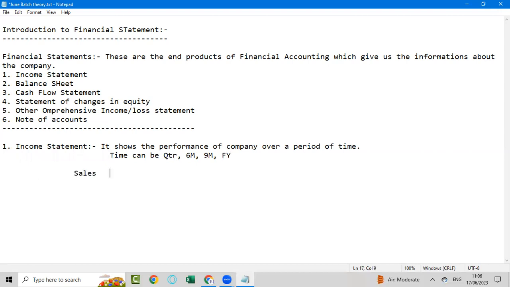For example, now let's suppose we have sales of rupees 1000 and expenses are, let's suppose, 600. Then what does it mean? Profit of 400. My question is, what does this 1000 represent here?